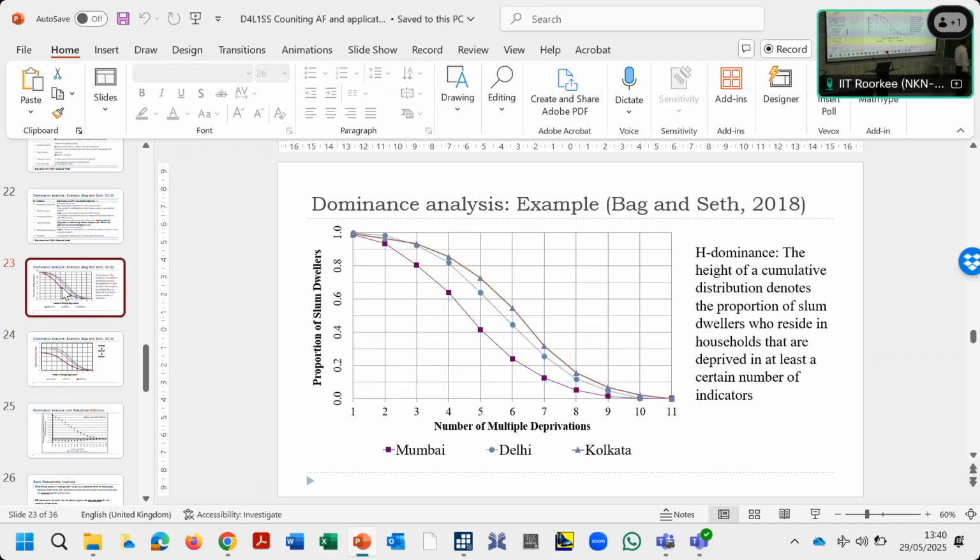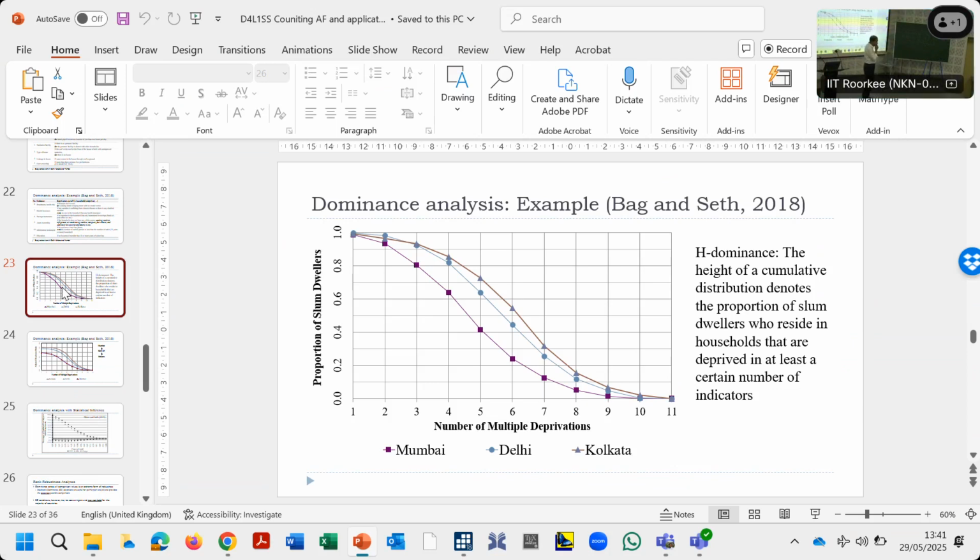If they do, then well and good, you are fine. But it's not necessarily there. That's why you are checking. You are not checking because you are certain it will be okay, you are checking whether it is okay. So you may not get dominance. You may have intersections. Suppose your adjusted headcount ratio is higher for one city, but when you plot the graph, you see there is crisscrossing. Then that's a problem.